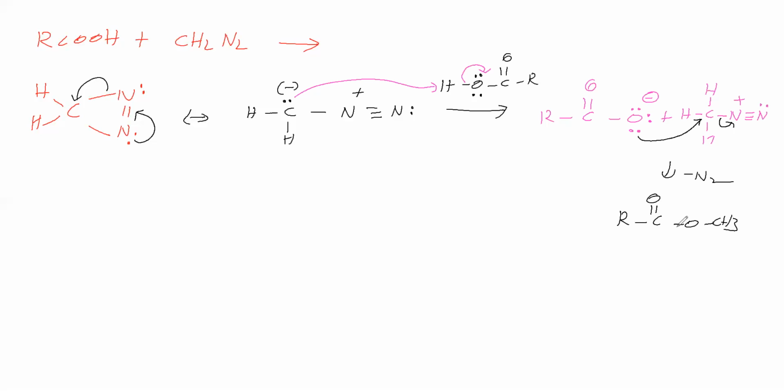Okay. Next, so far we have seen the OH bond in carboxylic acids. Now we will see the C-O bond, in which this bond is involved. Take one reaction: carboxylic acid with the reagent PCl3 or PCl5 or SOCl2.